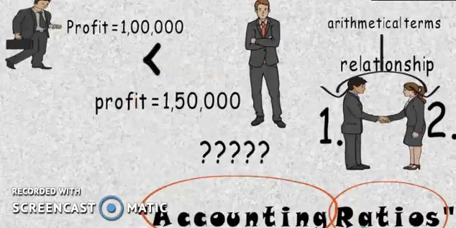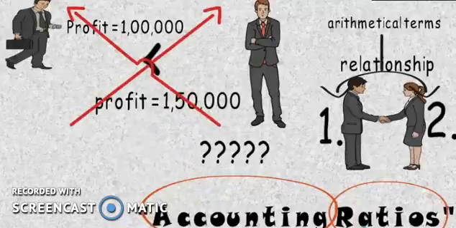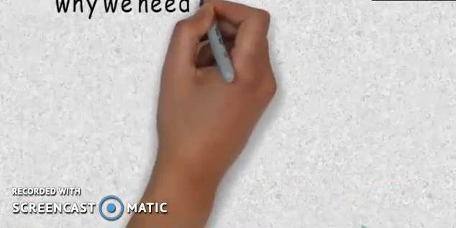But I cannot ignore other factors: the capital investment, the debt structure, the creditors and debtors payment. There are various other factors which help us in comparing two firms, so profit cannot be the sole discretion in comparing two firms.